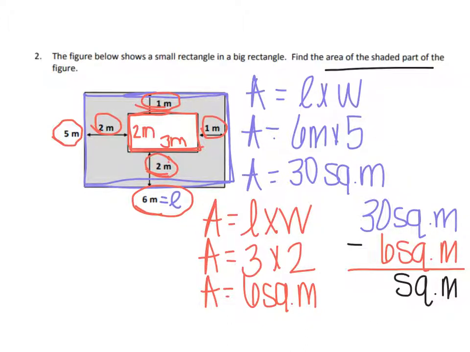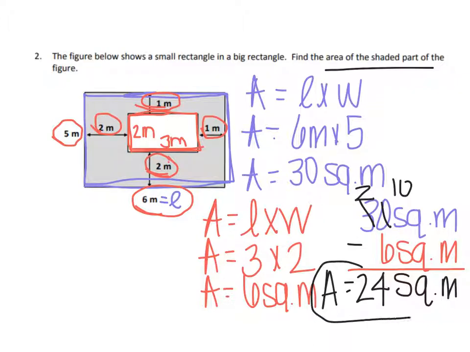So 0 minus 6 I can't do, so I have to borrow. 3 becomes 2, and I'm going to bring back a 10. 10 minus 6 is 4, and 2 minus nothing is 2. So that means the area of the shaded figure was 24 square meters.